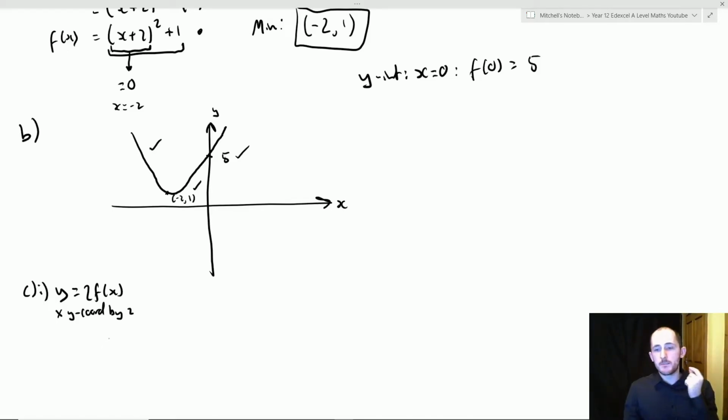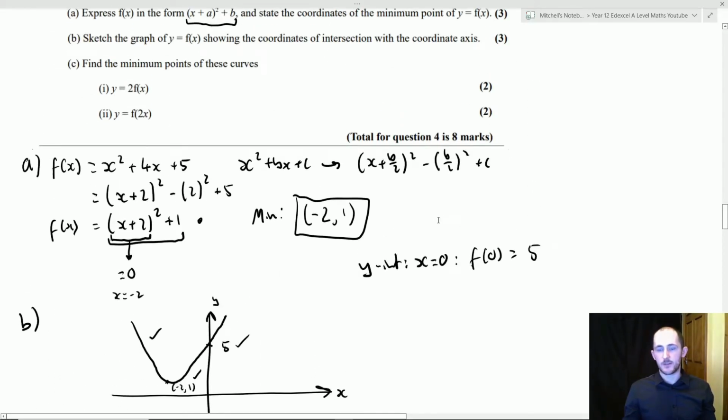So if I'm just finding the minimum point, I know that the x value is still minus 2 because we haven't touched the x value. And what are we doing to the y value? We're doubling it. So minus 2, 2. Cool. That's literally it. Not too bad. Not too bad at all.